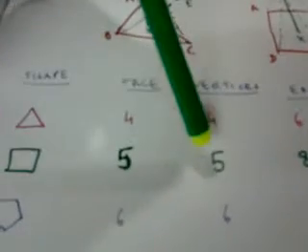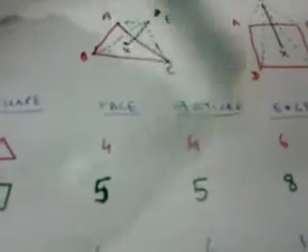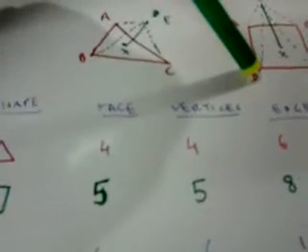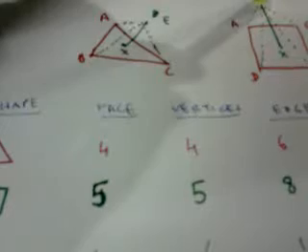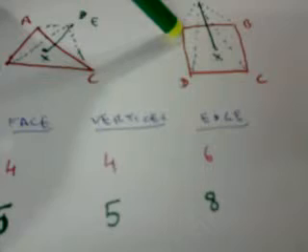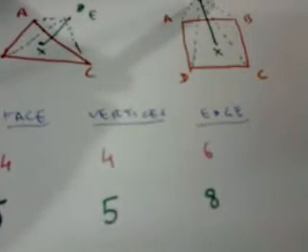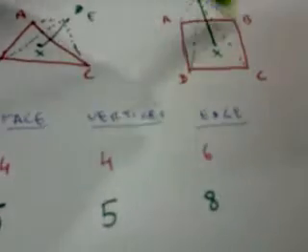So there are 5 faces. How many vertices are there? 4 in the base ABCD and 1 at top E. So there are 5 vertices. Now how many edges are there? 4 edges at the base, AB, BC, CD and DA, and 4 edges in the lateral side, AE, ED, EC and EB. So there are 8 edges.